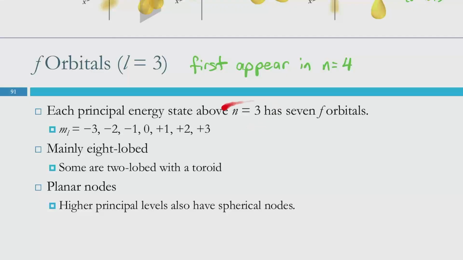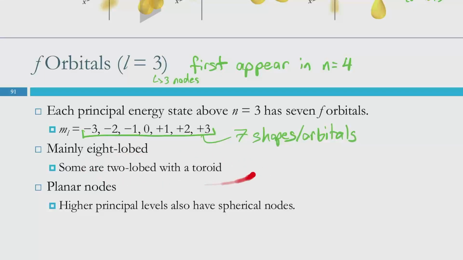Each principal energy state above n equals 3 has 7 f orbitals because we have 7 options for m sub L. And we double the number of lobes that we have again. So now we've got 8 lobes because they've got 3 nodes. And a node is cutting it in half, so that's why it's doubling the number of lobes.